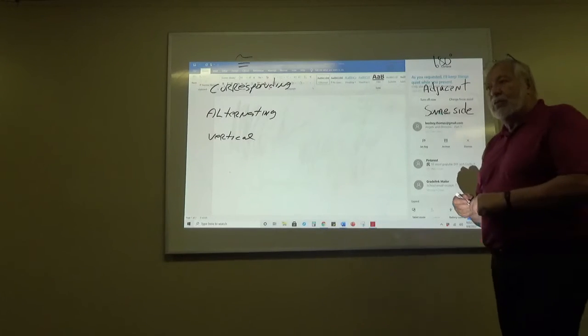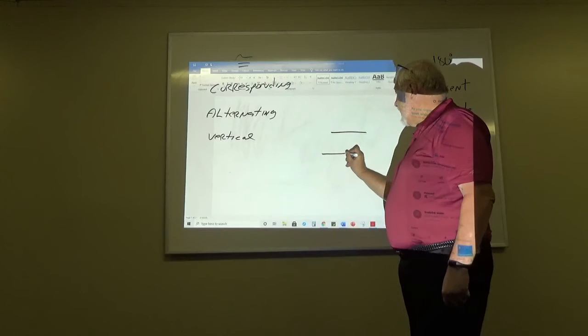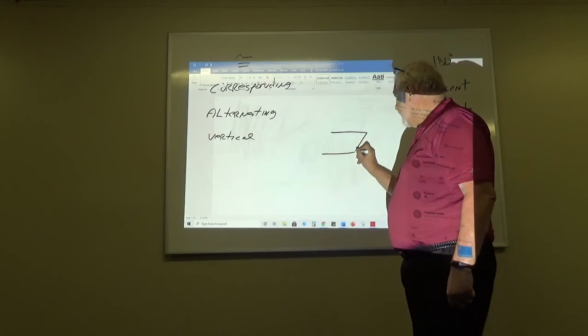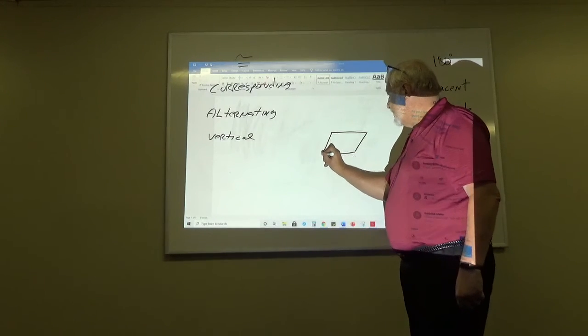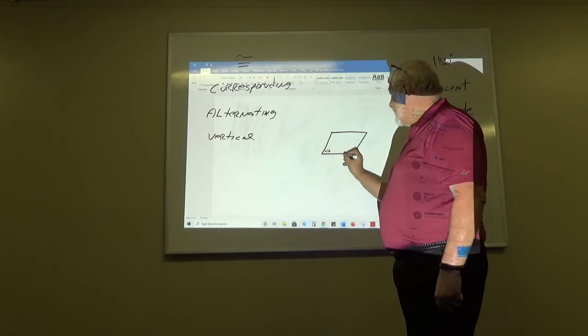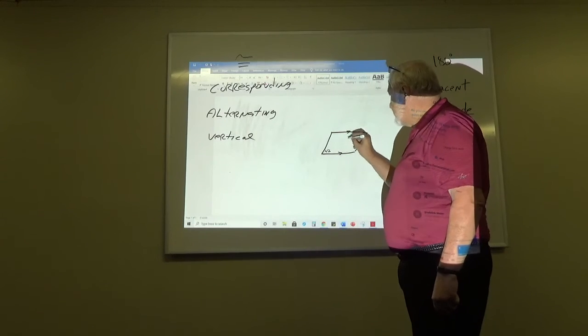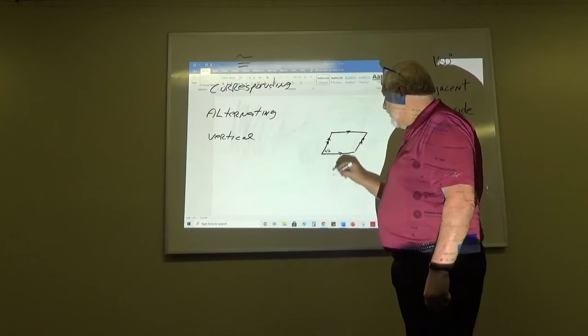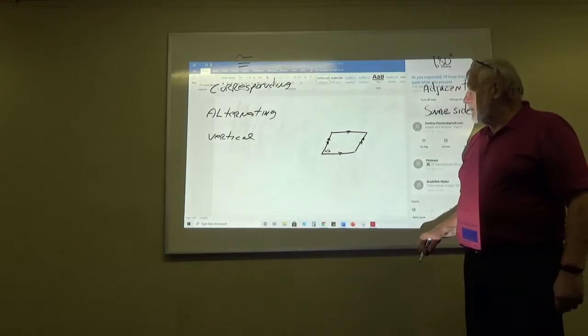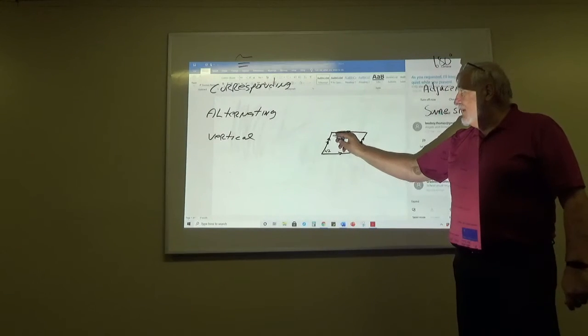And that's important when you're looking at parallelograms. So if I give you a parallelogram like this, and I tell you that this is 42 degrees, and that this line and this line are parallel, and this line and this line are parallel, then if this is 42 degrees, what do you know about that angle right there?